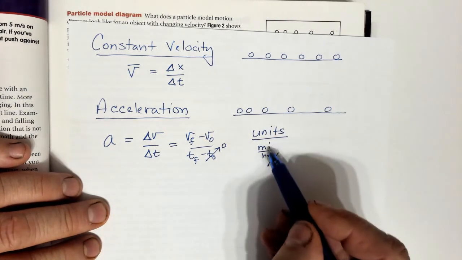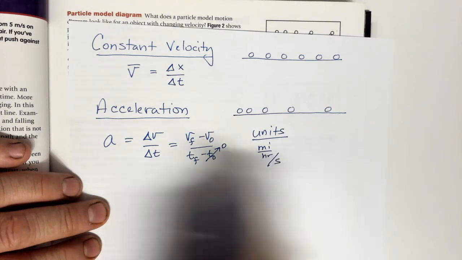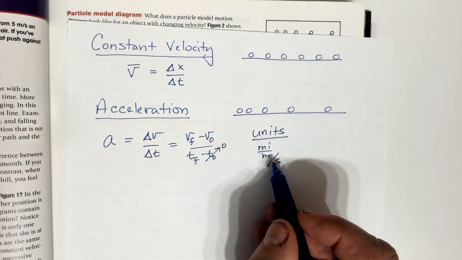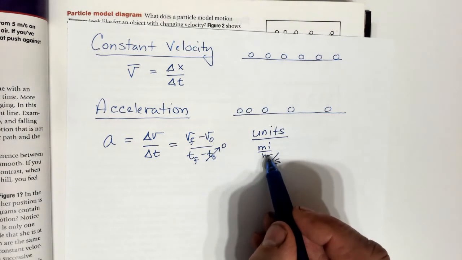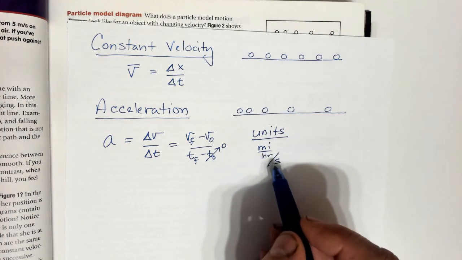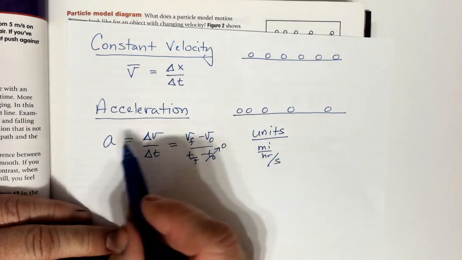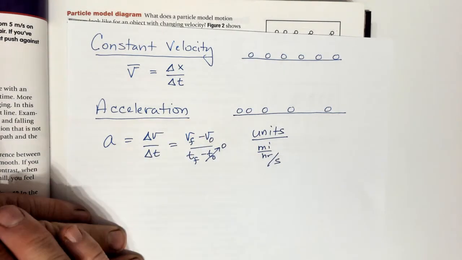So accelerations have two time units. And so you've got to understand in a car, you change your miles per hour in seconds of time. And so that would be the acceleration unit for a car, okay?